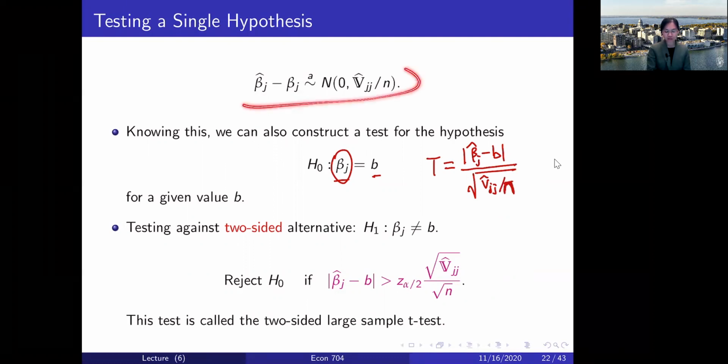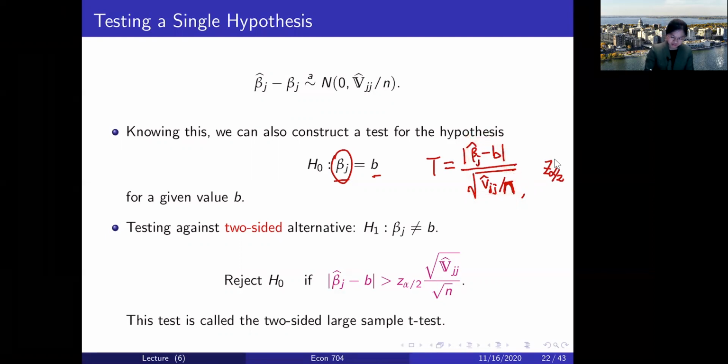And we know that under the null hypothesis, B equals beta j, therefore this divided by its standard error is approximately standard normal. Therefore, that means we should use the critical value z alpha over 2, the 1 minus alpha quantile of the absolute value of the standard normal, the null asymptotic distribution of this.